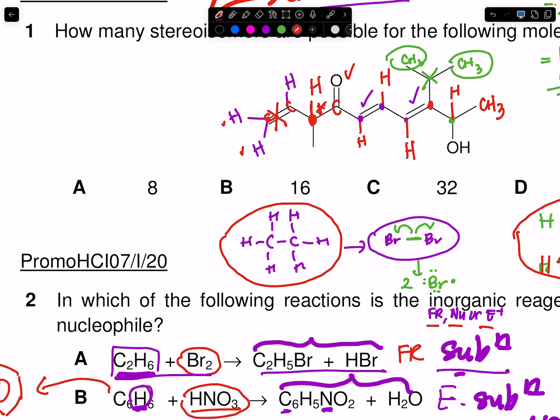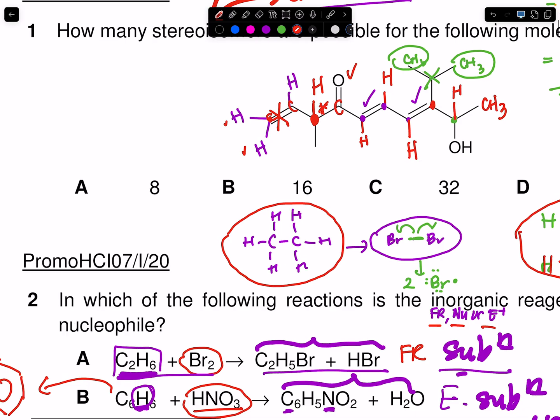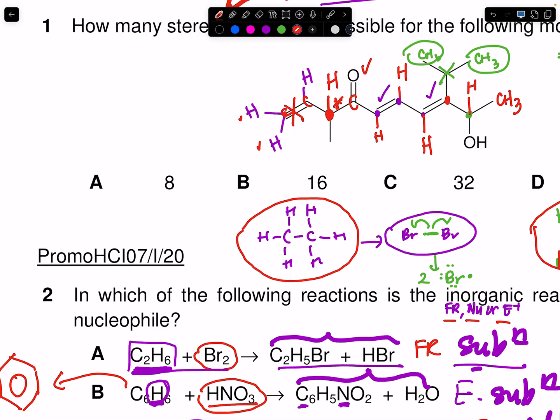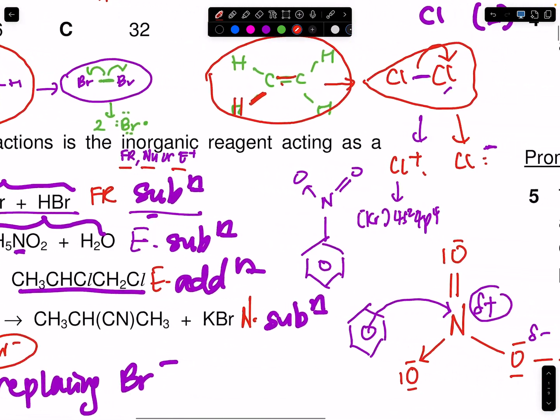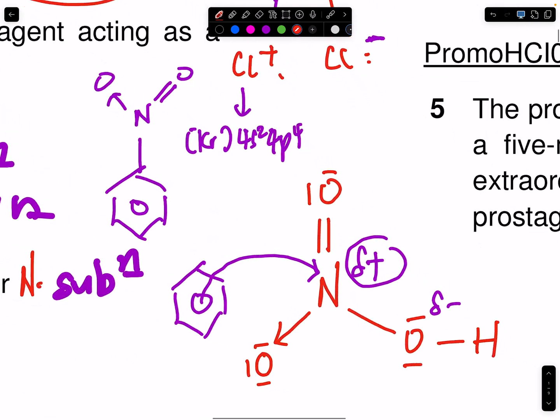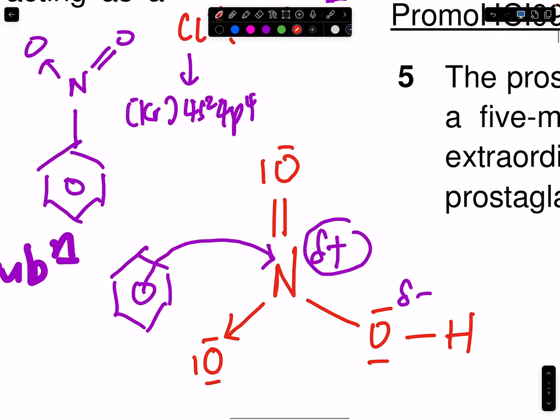Okay, for number 2, guys, I want you all to focus on the inorganic molecule, which is circled in red. So can you all please draw your dearest Lewis structure for nitric acid.